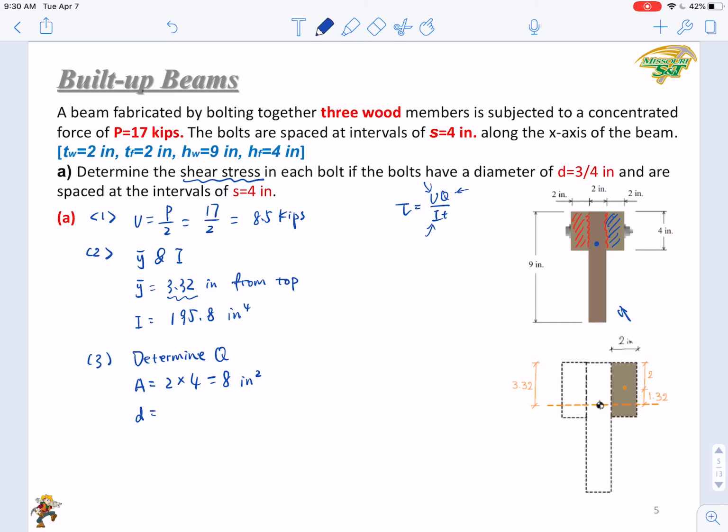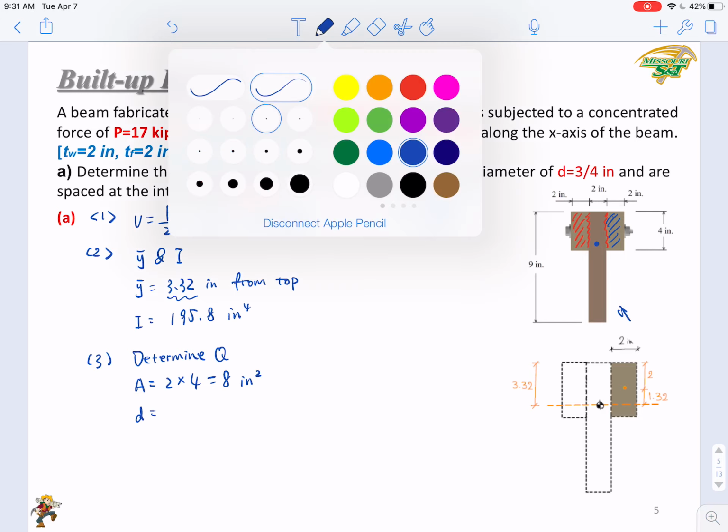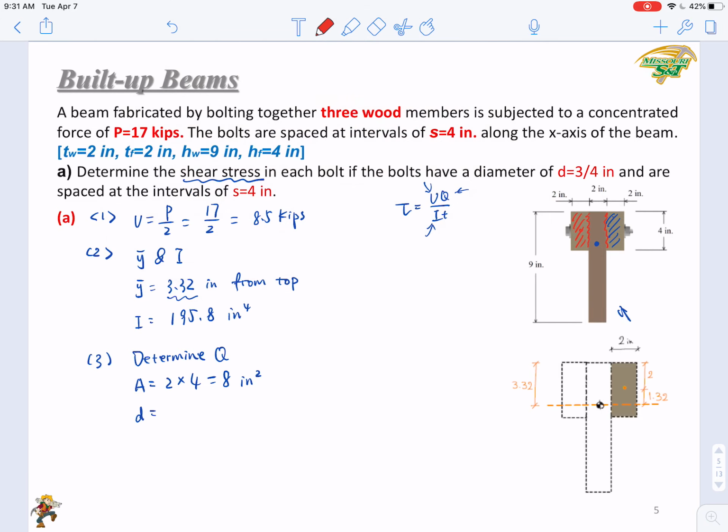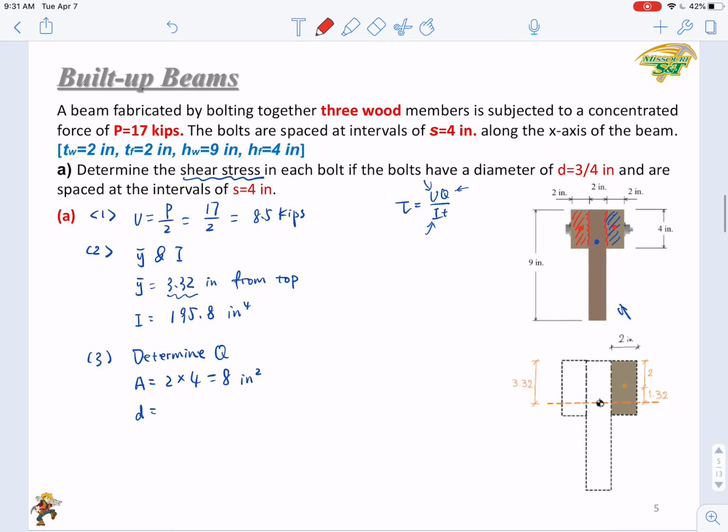Let's see it here. And the local centroid is here or here, right? So the D is right here. So our D value is actually y bar minus half of the height of the flange, that is 4/2. You get 3.32 minus 2, you get 1.32 inch.